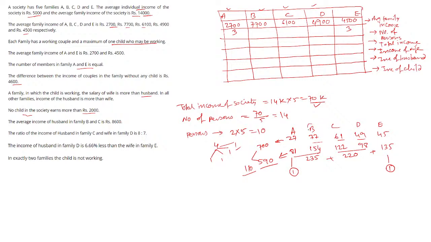So only B should not have any children. So the number of persons is 2 here, 3 here, and 3 here. Now find the total income here: this is 8100, this is 15400, this is 18300, this is 14700, and this is 13500. Okay, now here there is no child.